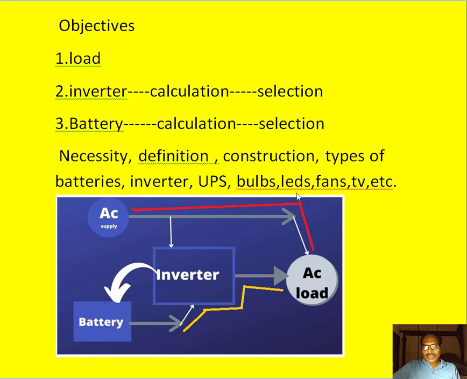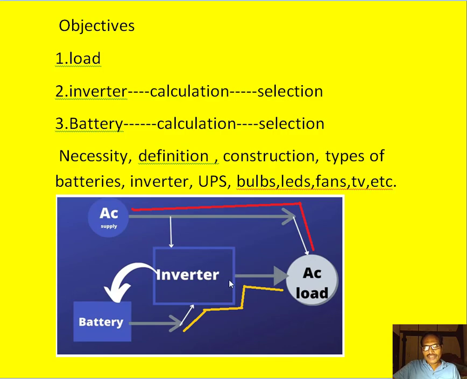And then coming to the difference between UPS and the inverter. The inverter will give the AC output to the AC loads only after 10 milliseconds of the power supply being shut down.